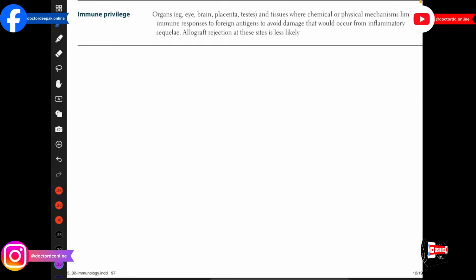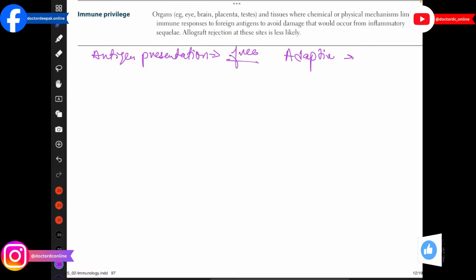Now we are going to talk a little bit about antigen presentation. The innate system can be activated by free antigens, but the adaptive system requires antigen presentation by antigen presenting cells.